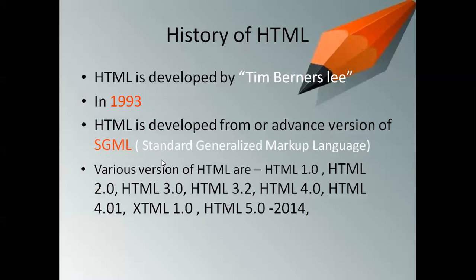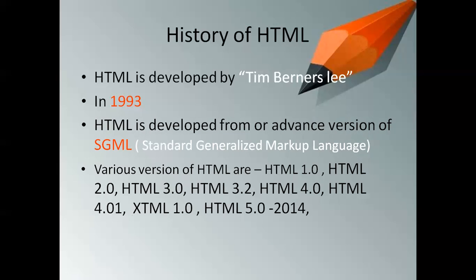Later on, various versions of HTML were introduced. It started from 1993 with HTML 1.0, then HTML 2.0, then HTML 3.0, then HTML 3.2, then HTML 4.0, and then 4.01.